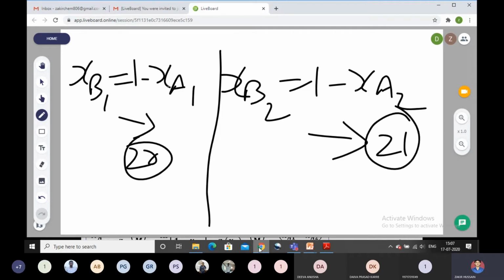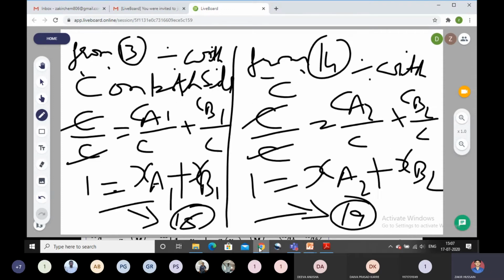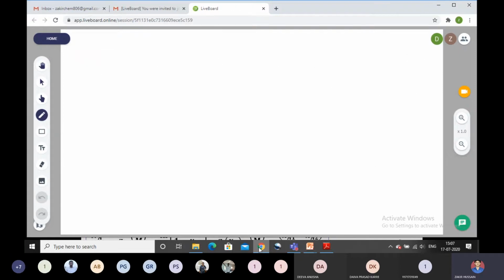So next, these equations are also in our hand, so we can equate. In equation 18, LHS is equal to 1. In 19, LHS is also equal to 1. So these both equations need to be equated. Equate equations 18 and 19.